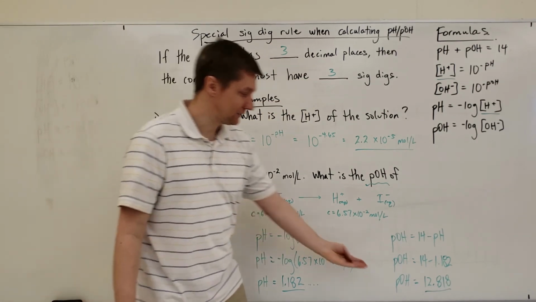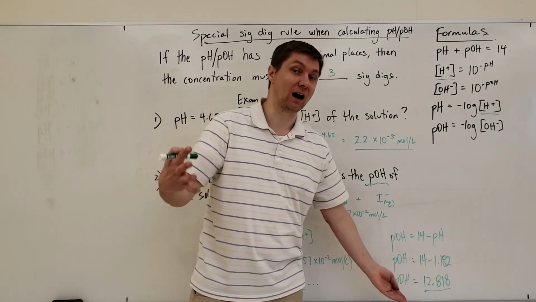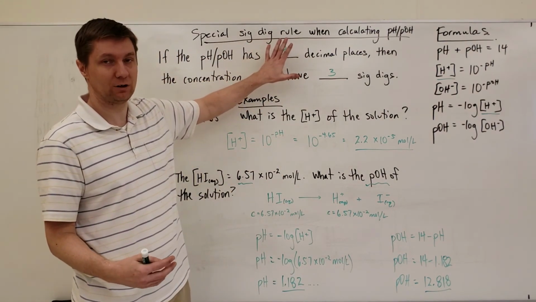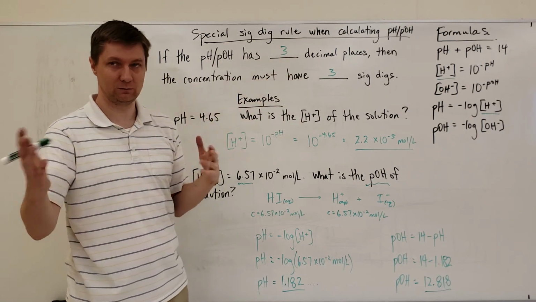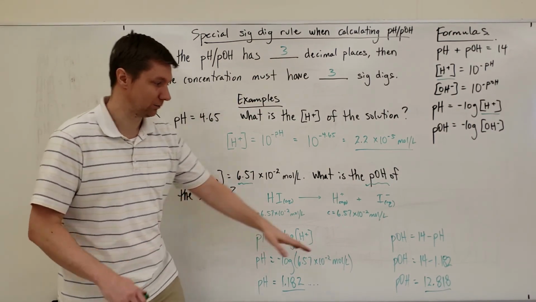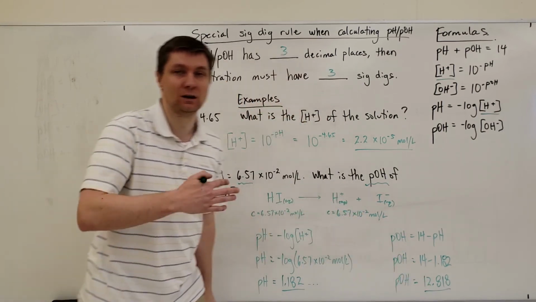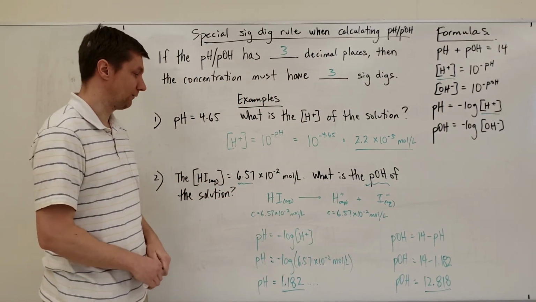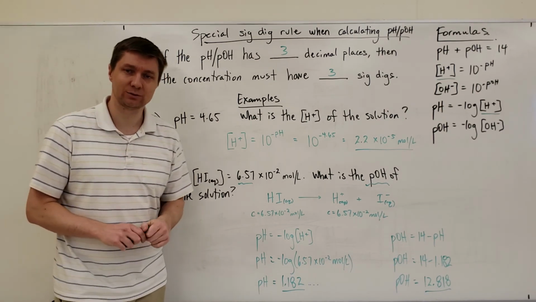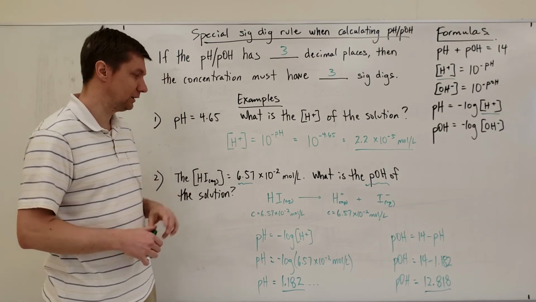Yes, this pOH value does have 5 significant digits, but this is the rounding rule for significant digits when dealing with pH and pOH values, and that's what we have to follow. This number has 3 decimal places. That's why I write that many digits for it. And that's it, guys. Those are the 2 examples that you really need, I think, to get started.